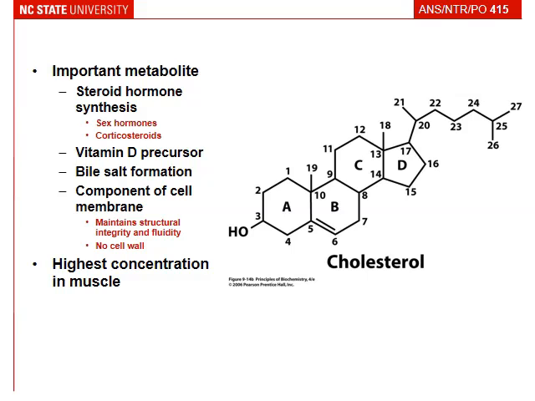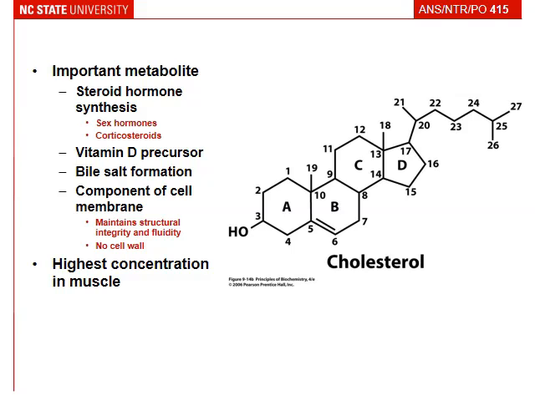One, it is needed for proper steroid hormone synthesis. So we need it to make our sex hormones. We need it to make our stress hormones, our corticosteroids. We also need it if we're going to rely on the sun to make our vitamin D. It's a precursor for vitamin D. We need it for adequate bile salt formation. And it also is a major component of the cell membrane.